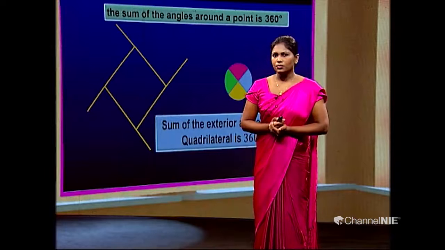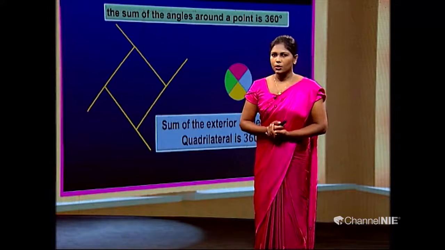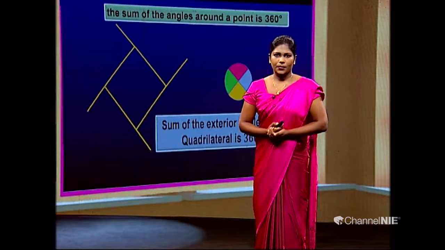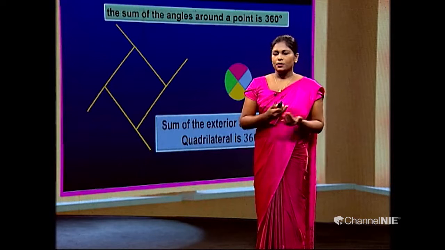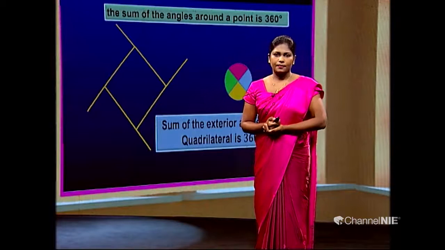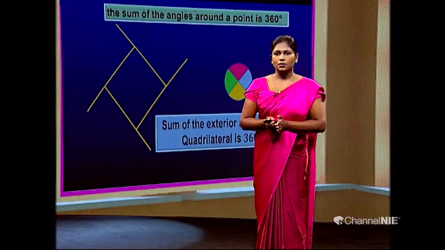Now, what is the conclusion of this? We took a triangle and a quadrilateral and we did the activity. So what is the conclusion of this activity? Do you know the conclusion? Yes.